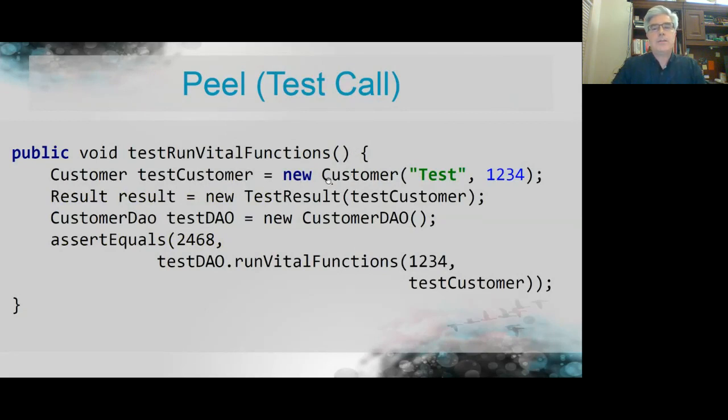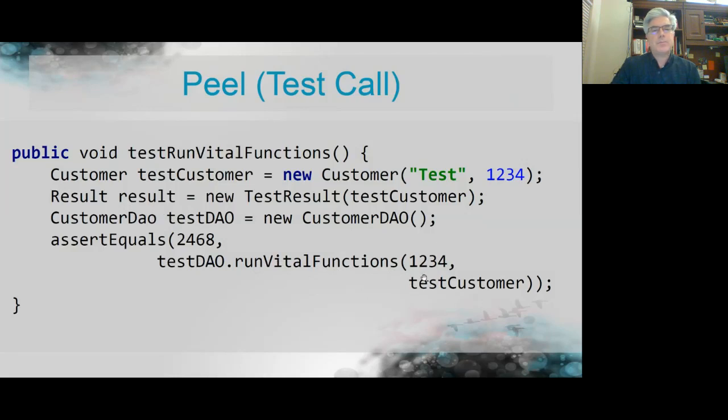We'll create a new test customer, and we'll call this test result. We'll create a new test result object based on this test customer, and then we'll create our customer DAO that we're wanting to do the test, and we will then pass this test customer into the test DAO.